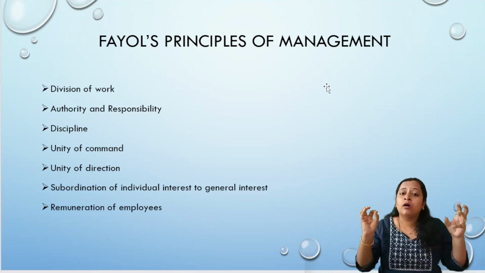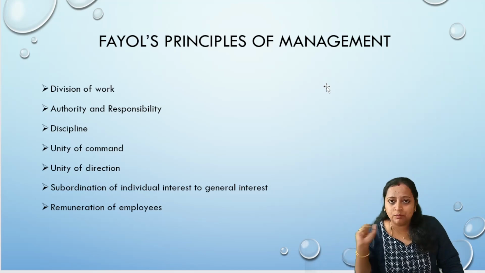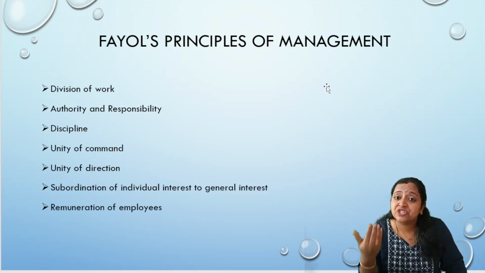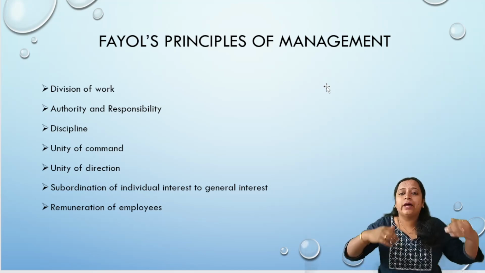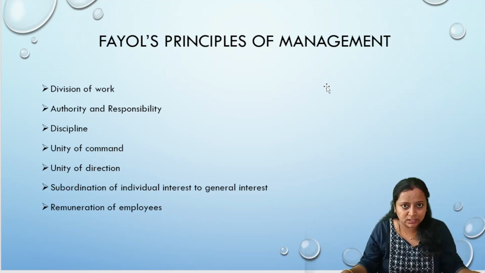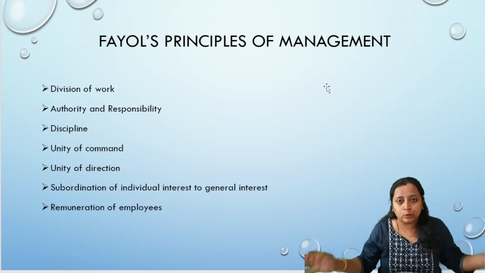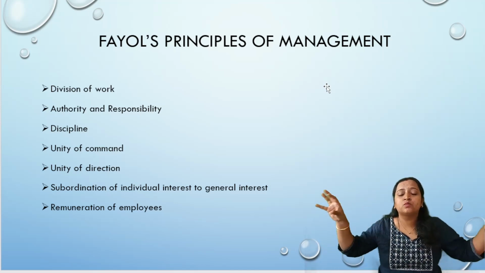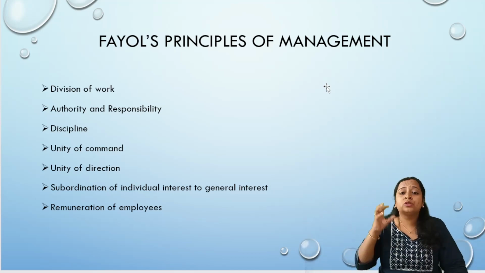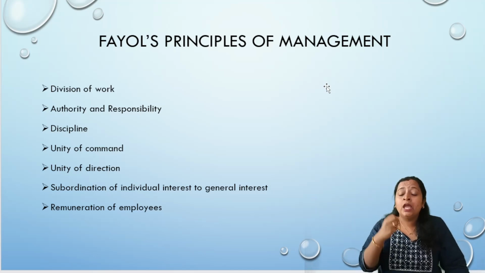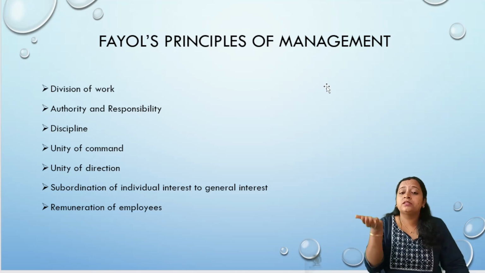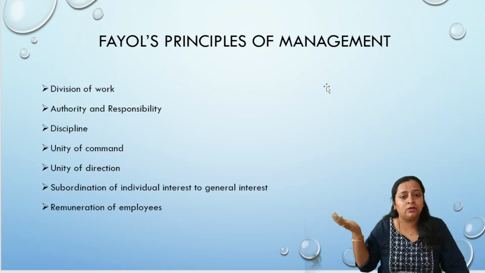That smaller part will be given to an individual person and he will become specialized in performing that particular work. Division of work means you should not give every work to a single worker. You divide the work into smaller parts and give it in smaller quantities to the workers so that they perform that work more effectively and more efficiently without any wastages. That is the first principle given by Henry Fayol.